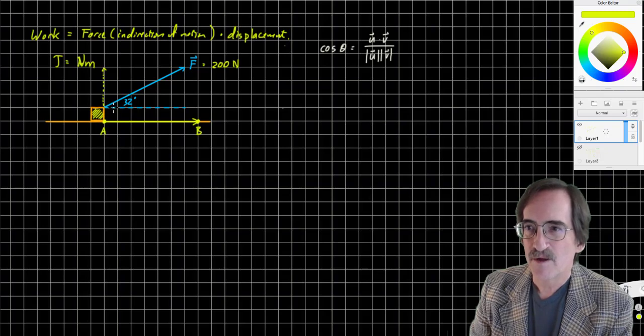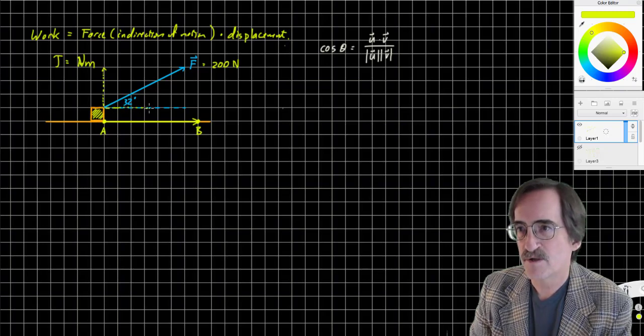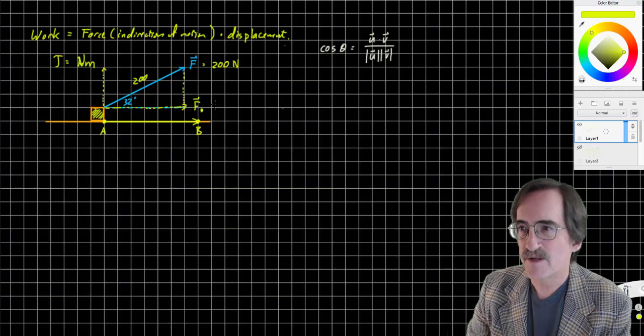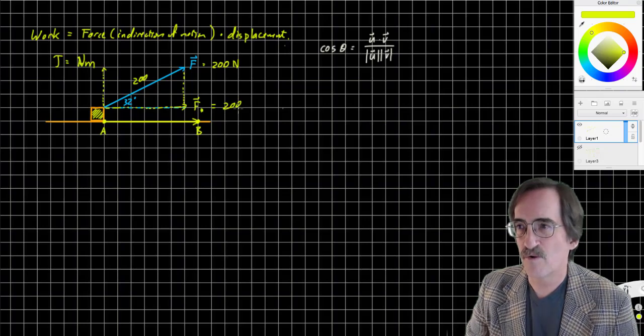But what we are interested in is this horizontal component of force. We'll call it force horizontal. And using a little bit of trig here, if the hypotenuse is 200 and the angle is 32, we understand that the horizontal component is 200 cosine, or I'm going to leave the variables in place.